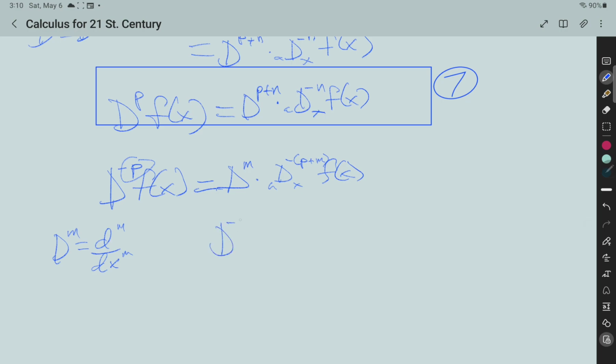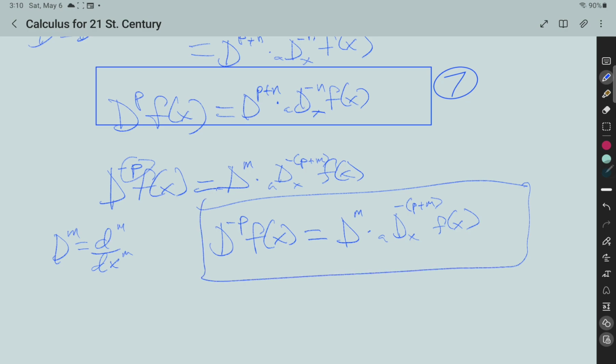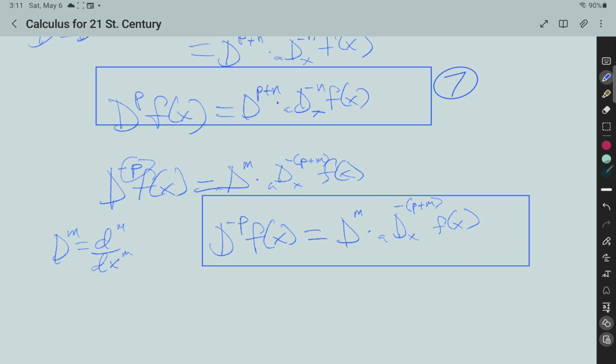So d to the minus p of f of x is equal to the ordinary derivative times the integral. Okay. So let me box this. Equation 8. Okay.